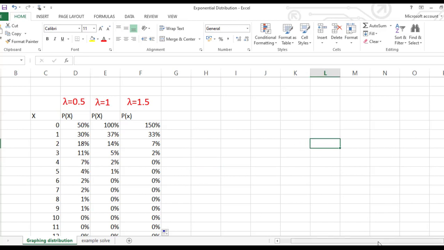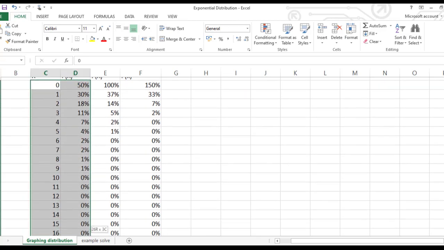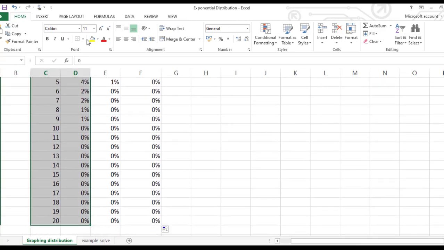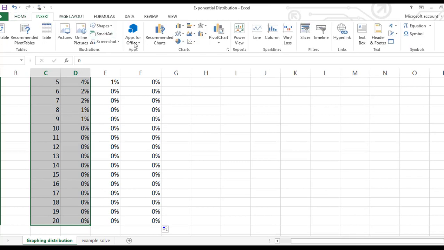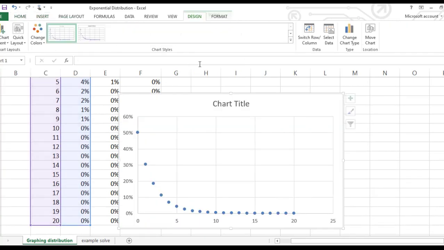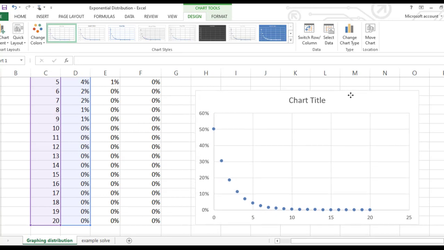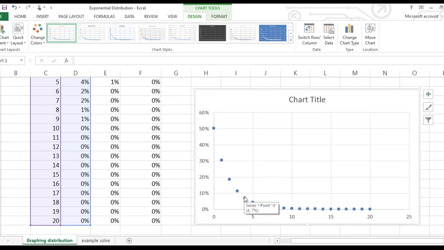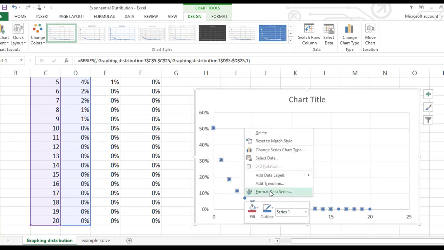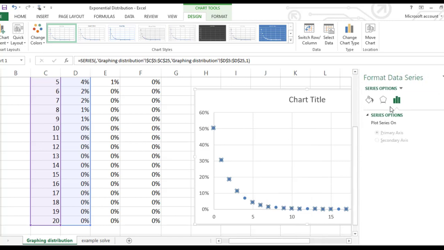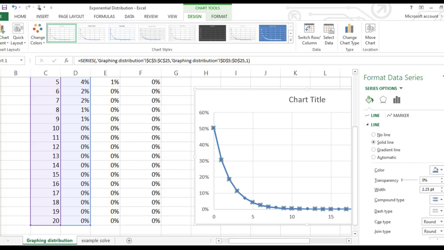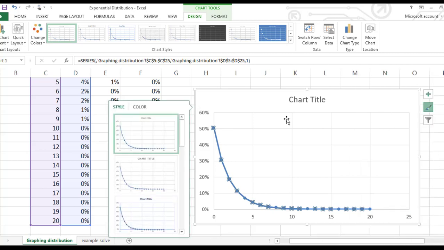Okay, now let us plot the graph of this probability distribution. So first I am selecting the first two columns and making a scatter plot of it. Now I can connect the dots with the line, okay, to make it look like a continuous curve.